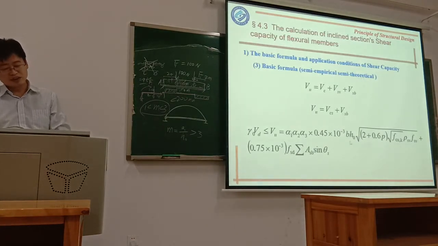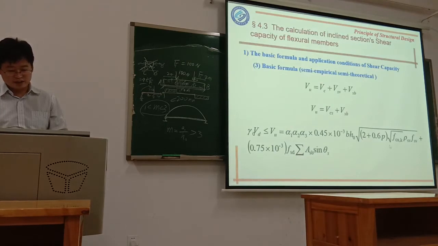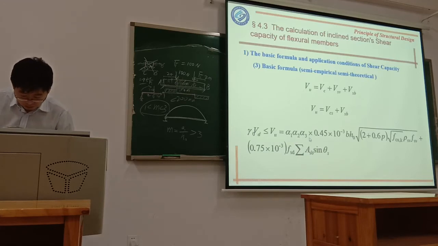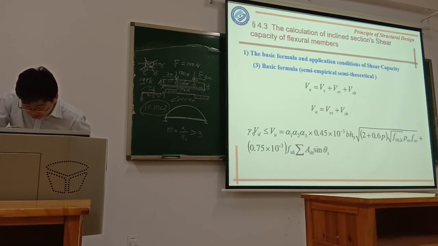So finally we got these equations. And the meaning of these symbols, alpha 1, 2, 3, has been introduced in your book. Where is this introduced? Yes, in your book, page 85.